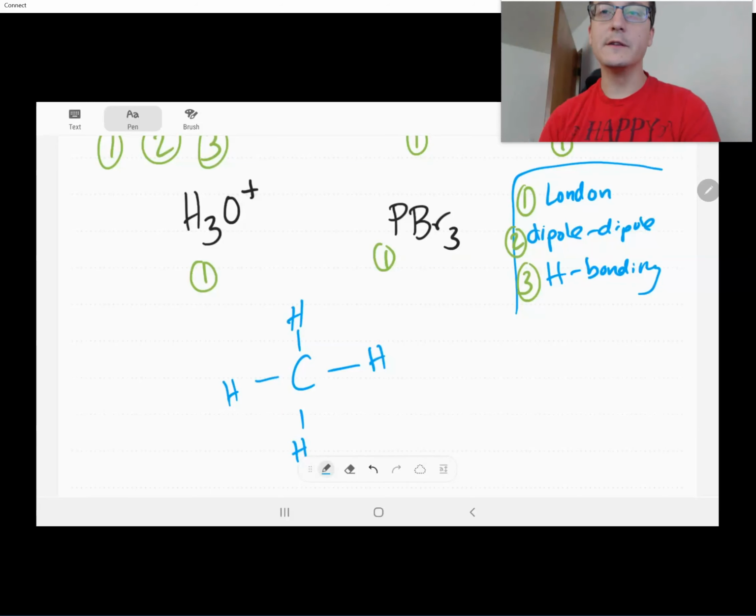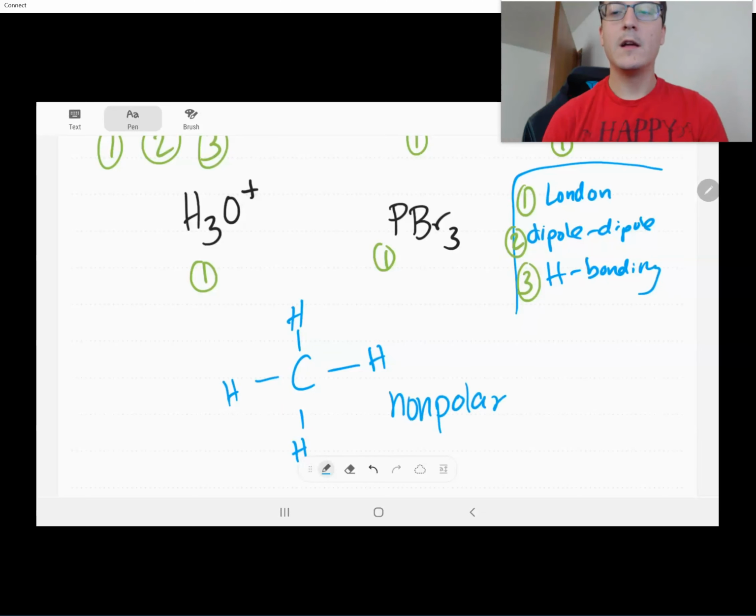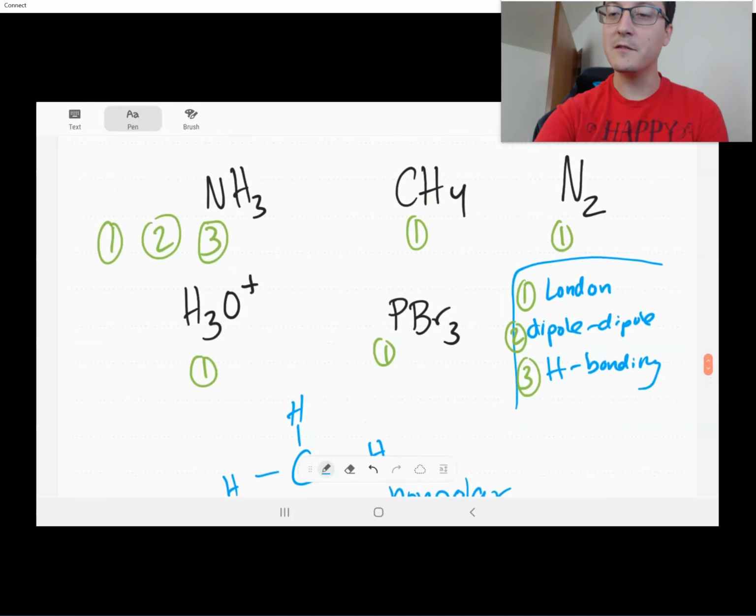All of these are the same, all hydrogens around, so this is a nonpolar molecule. As a result, it cannot do dipole-dipole interactions. And of course, since it can't do dipole, it can certainly not do hydrogen bonding either. Okay, so just number 1 for that.